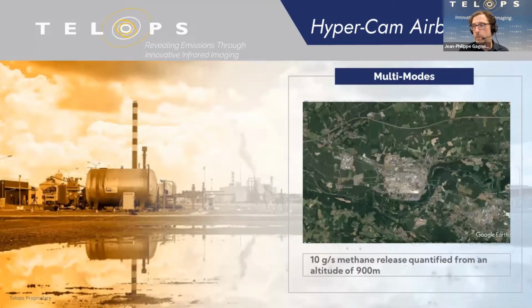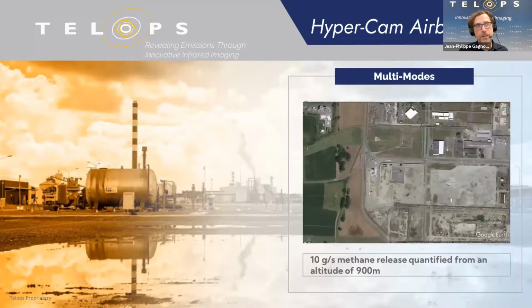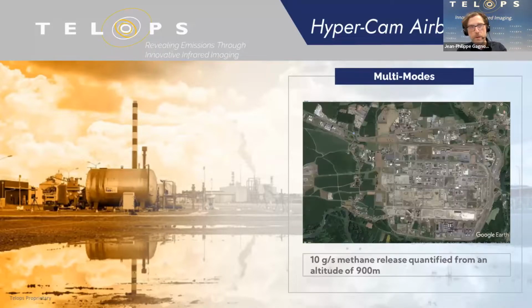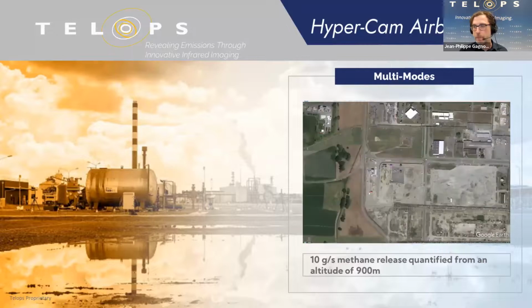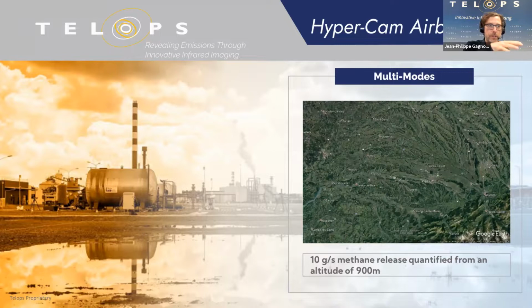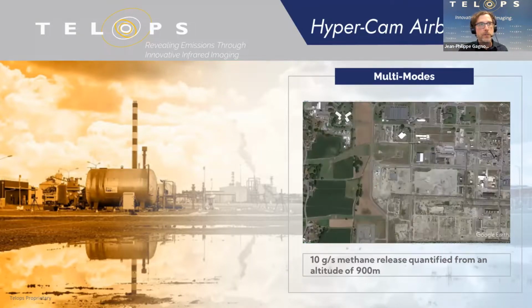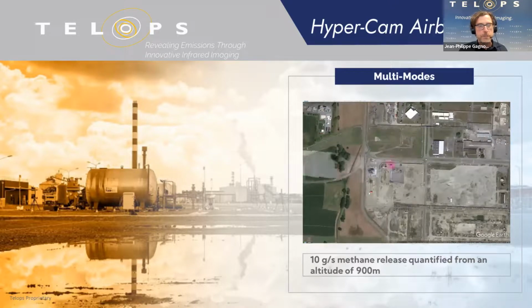The airborne instrument works in 2 different ways. One mode of operation is what we call mapping mode, where, as the aircraft flies along its path, the system records individual images, and then we stitch all of those images together to create a large area mosaic.